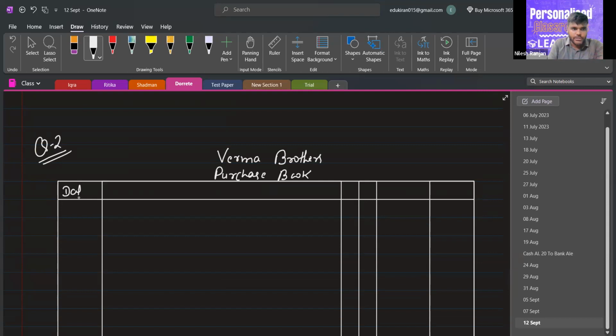So first is date, then particulars, invoice number, LF, details, and amount.